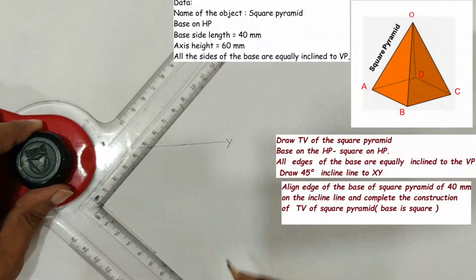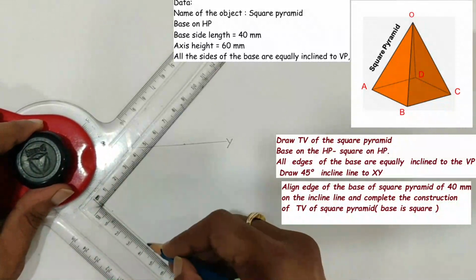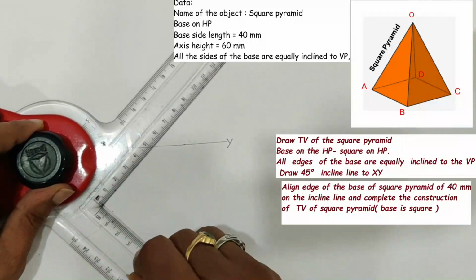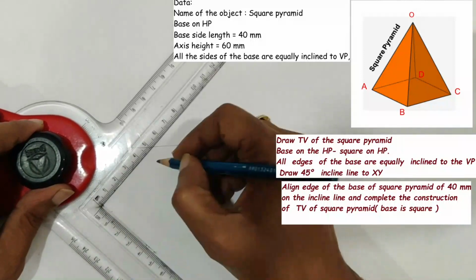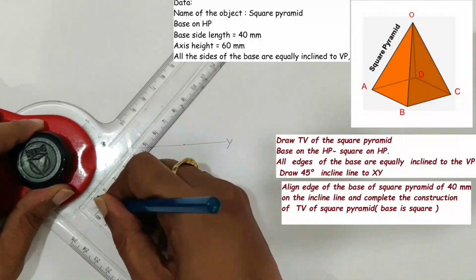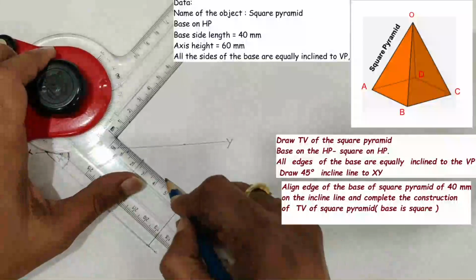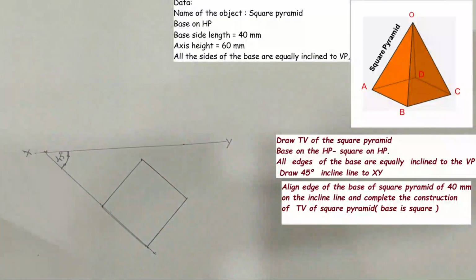Here the base side length of the square pyramid is 40 mm. Then construct the square. Name the corners of the base of the square pyramid.